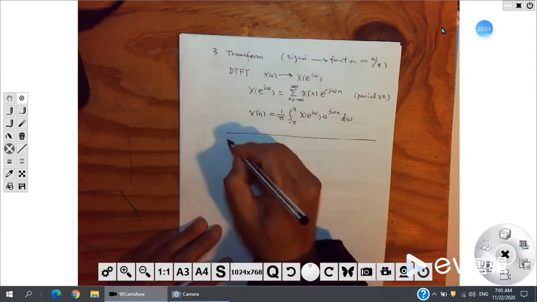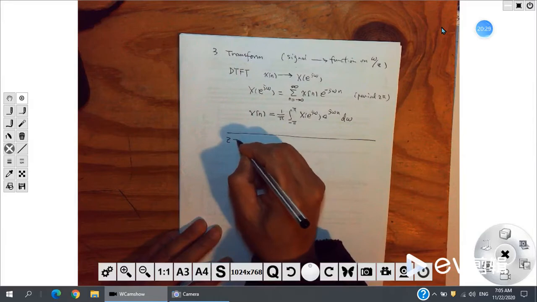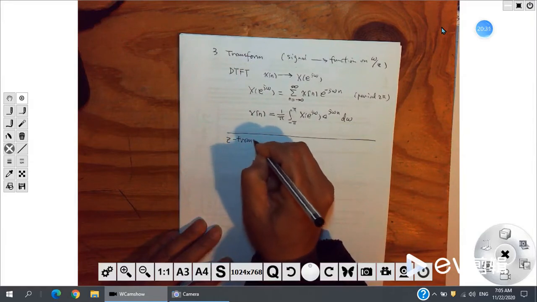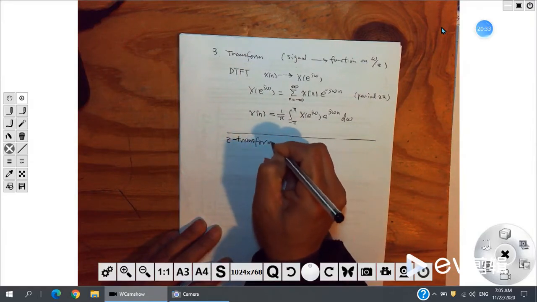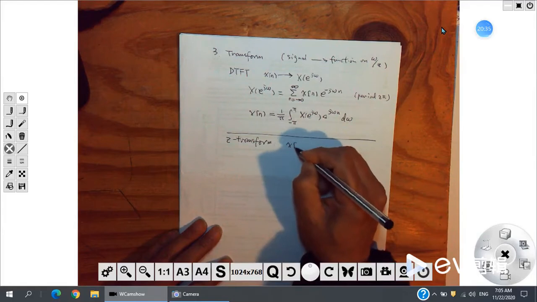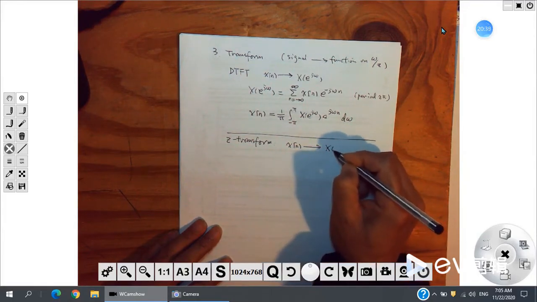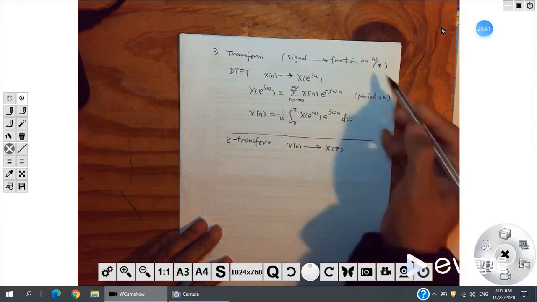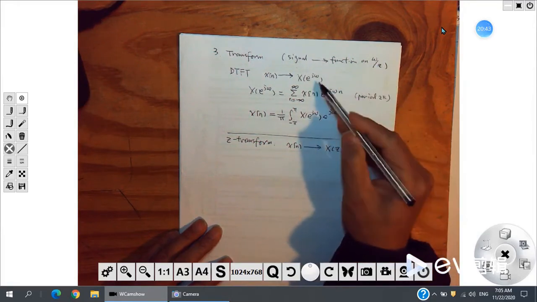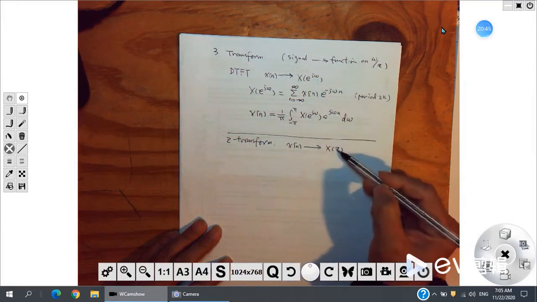The second transform is the Z transform. This starts from x of n to a function of z. So we see these are functions: one is a function of omega, this one is a function of z.